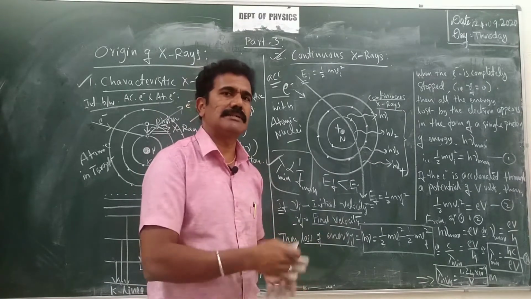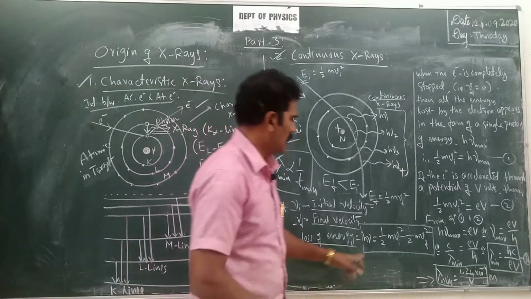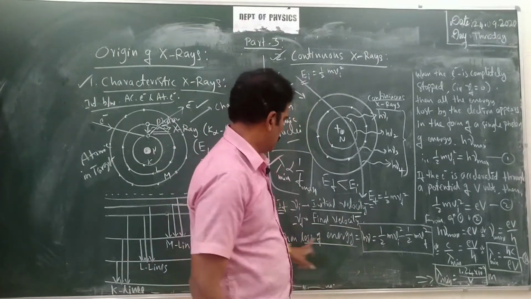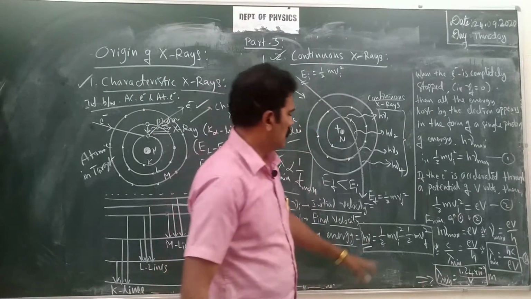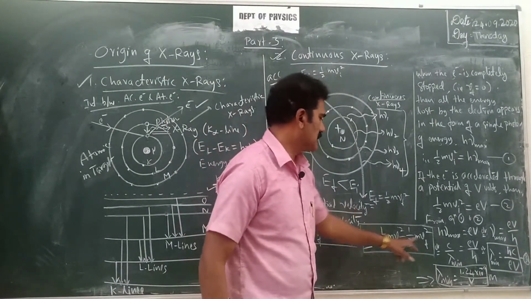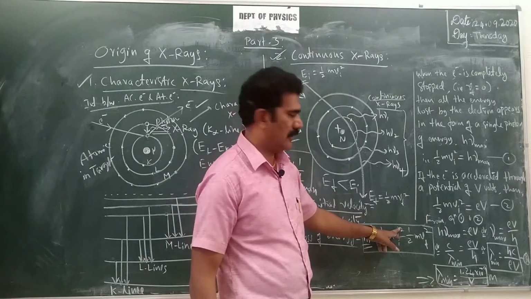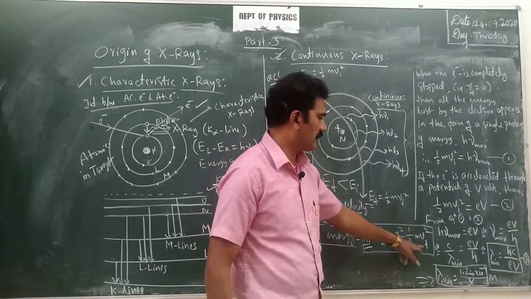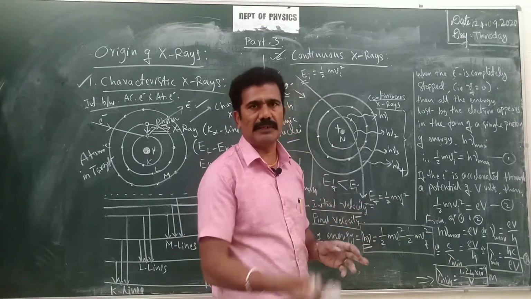That loss of energy is nothing but the photon. The photon's energy is given by h nu, where nu is the frequency and h is Planck's constant. So write down that loss of energy is equal to h nu, equal to the difference of the kinetic energies: half mVi square, higher energy, minus half mVf square, lower energy. Part of the energy is lost here, not the complete energy, right?